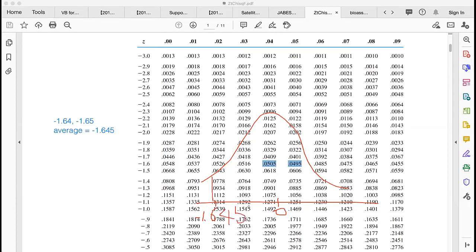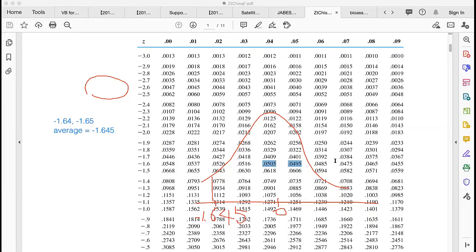But you are not done yet for this problem because you were asked, what is your cost? So cost is an actual observation, and minus 1.645 is only a z-score. You have to convert it to an actual observation. How would you do it?